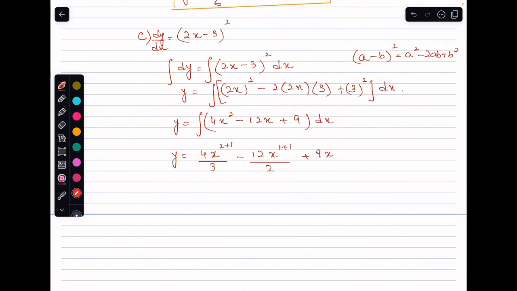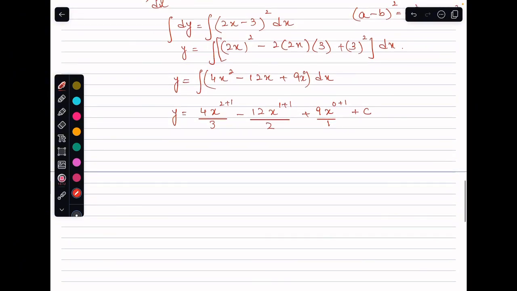The reason is that if it is a constant, it means there is an x with a power of 0. If I add 1 to this 0, it becomes x to the power 1, and dividing by 1, it's just 9x. And then in the end, I add a constant.